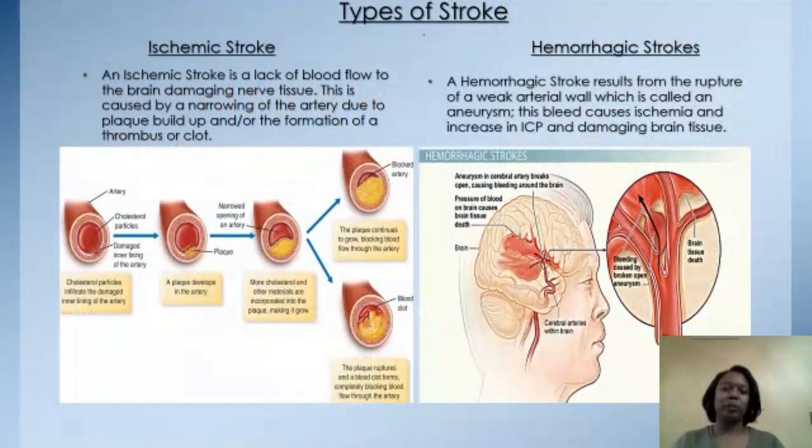Types of strokes. So let's just review ischemic as well as hemorrhagic strokes side by side. An ischemic stroke occurs when a clot or a mass clogs the blood vessel, cutting off the blood flow to the brain cells. In this diagram, you can see that the artery wall is damaged, then plaque starts to accumulate, then we have an increased amount of plaque accumulating, and then the artery begins to narrow.